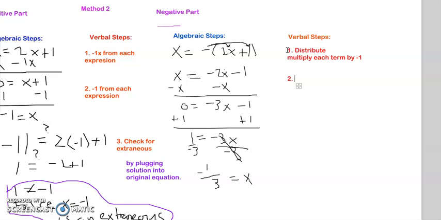Step 2, subtract the 1x from each expression. And step 3, add 1 to each expression. And then step 4, we're going to check for extraneous by plugging it back into the original equation.